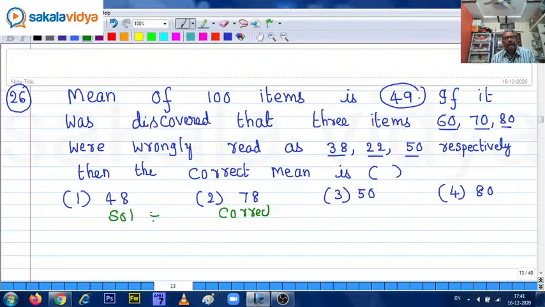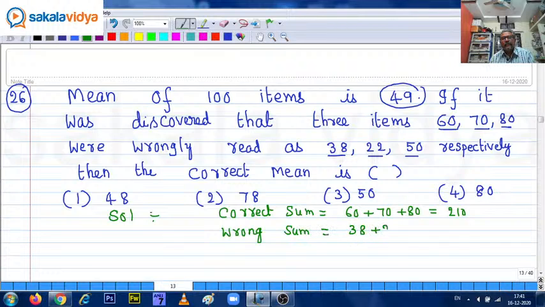Correct sum equals 60 plus 70 plus 80. They are the correct items, they ought to be selected. So 80 plus 70 is 150, plus 60 is 210. Wrong sum is 38 plus 22, this will be 60, plus 50 is 110.